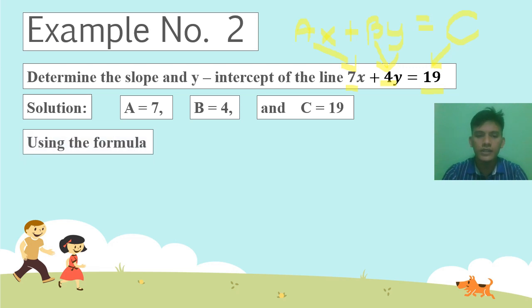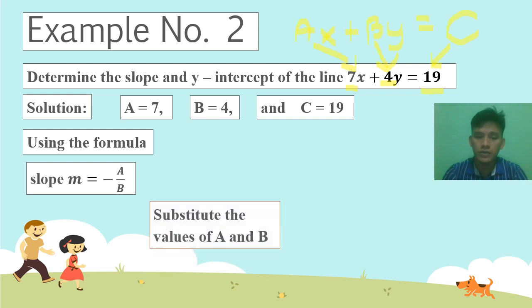Don't forget, using the formula, slope m is equal to negative a over b. We have already the values of a and b, so we will substitute them. Our a is 7, our b is 4. So negative 7 over 4.